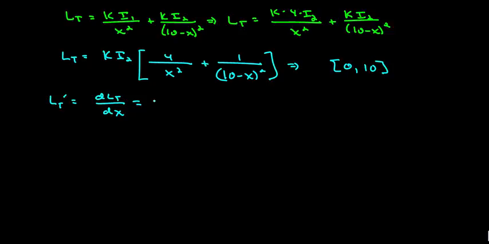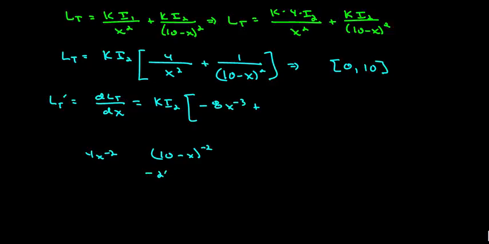Well, the derivative of this guy is k_2 times, now the derivative of this right here, 4x to the negative 2, is going to be negative 8x to the negative 3. The derivative of this guy right here, well, that is 10 minus x to the negative 2.